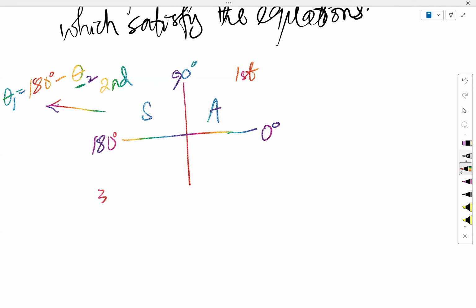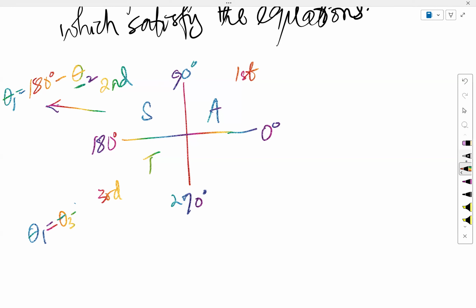Then when we come to the third quadrant, only tangent is positive. So in the third quadrant, between 180 degrees and 270 degrees, both cosine and sine are negative, and of course so are their reciprocals.